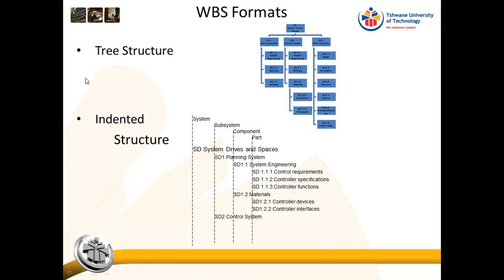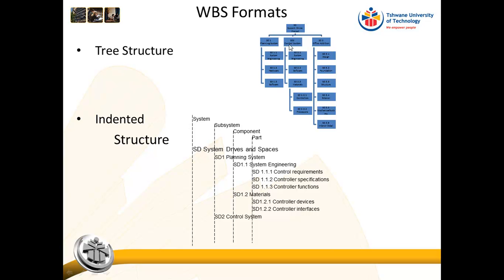All right, then another way in which we can display our work breakdown structure is in an indented structure. So normally we have our system, then our subsystem, the components and parts.